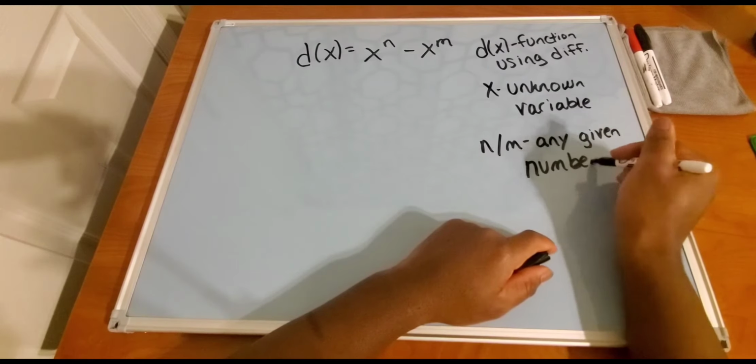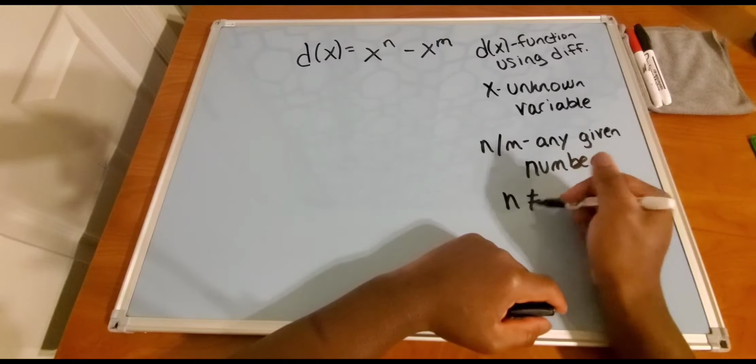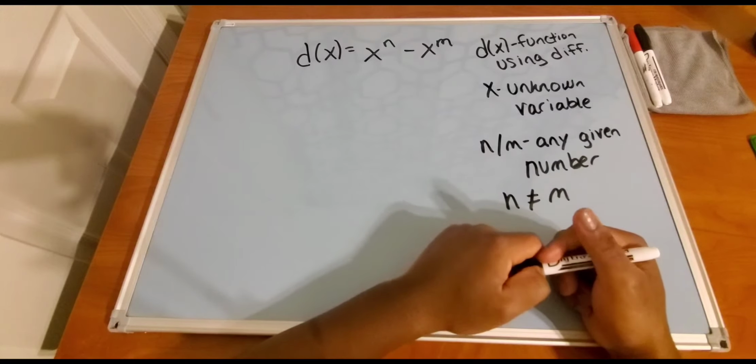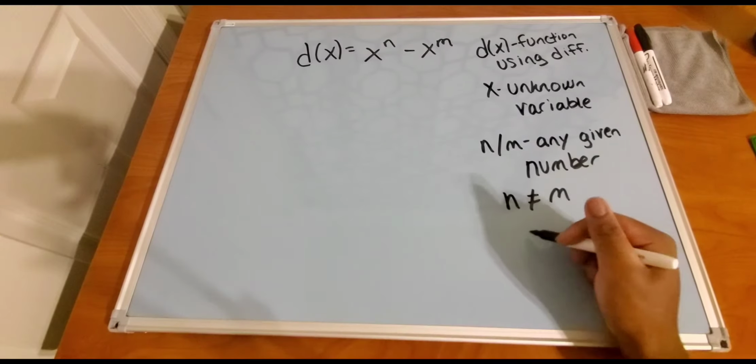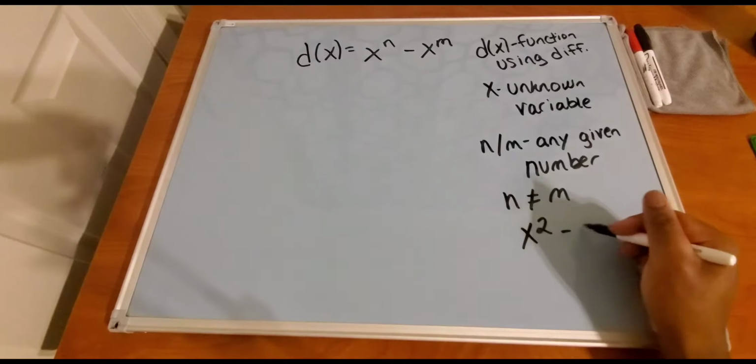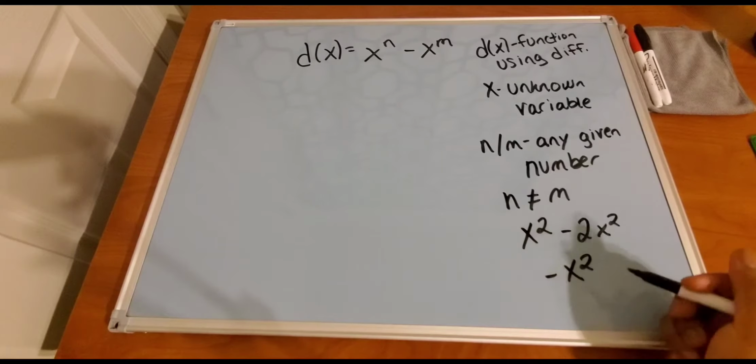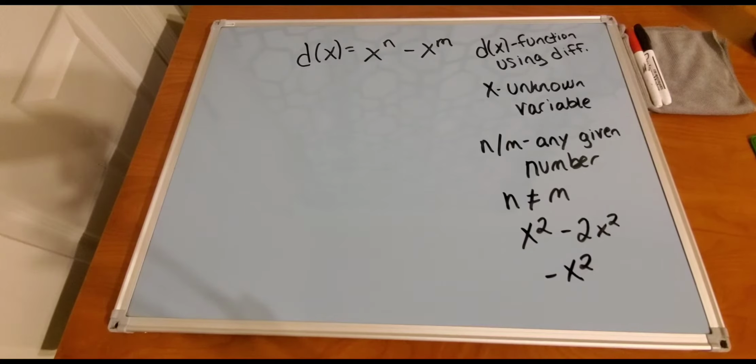And for the sake of this, I will say that n cannot be equal to m, because if they are, you don't need to use the difference rule, you just use the power rule. For example, if it's x squared minus 2x squared, well, we know that's negative x squared. That's not a difference rule, that's a power rule.